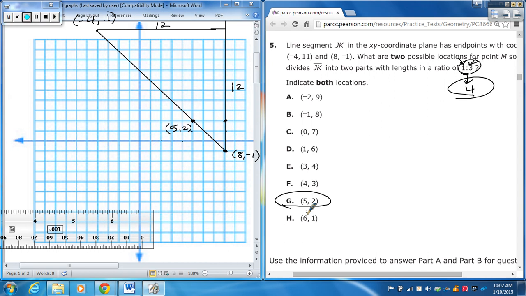If I do the same thing from the other endpoint's perspective, divide the rise by 4, you get 3, 1, right there. And this is negative 1, 1, 2, 3, 4, 5, 6, 7, 8. Is that present? Negative 1, 8 is present.